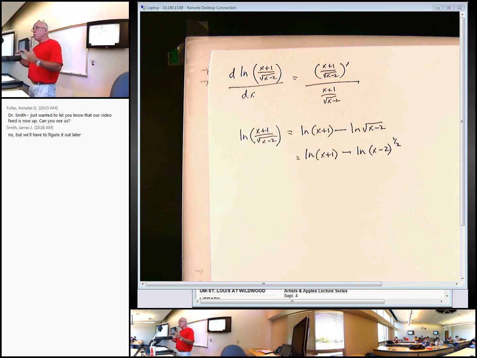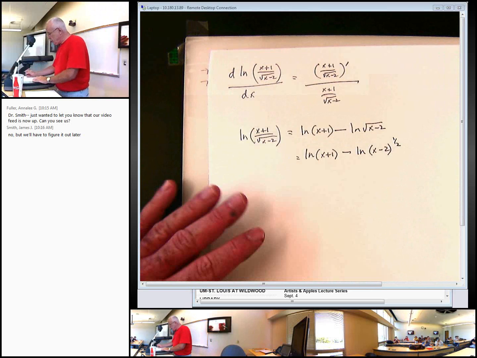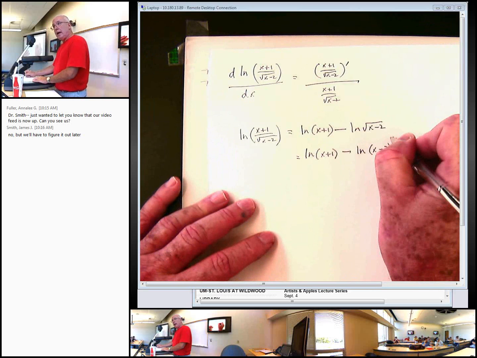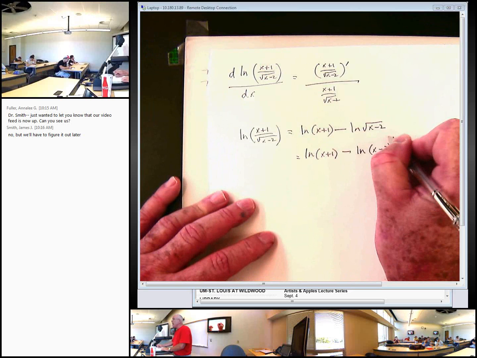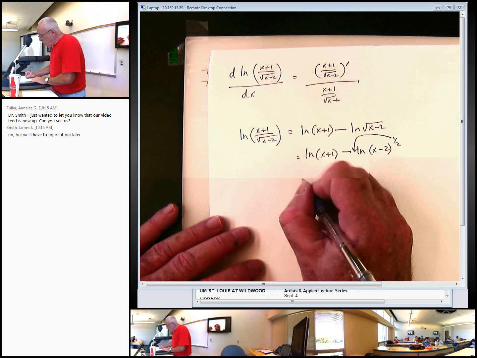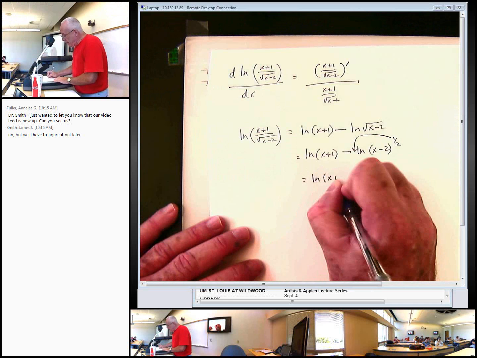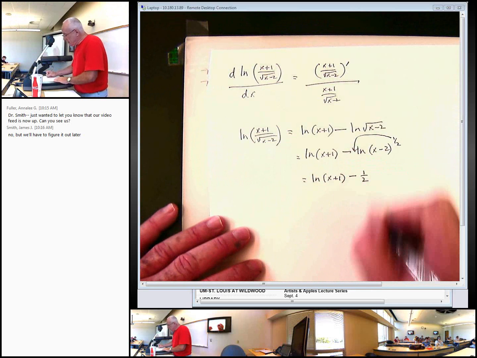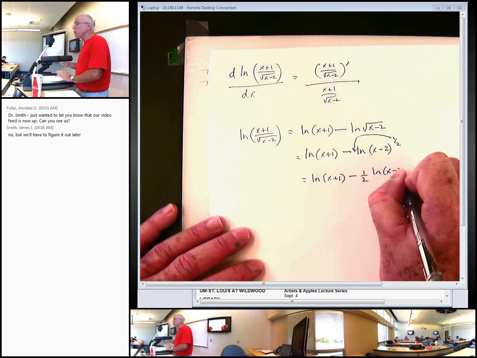I can do one more simplification here, expansion. I've got a power here of 1/2. I can bring this down in front as my final simplification. So we have then ln of x plus 1 minus 1/2 times the ln of x minus 2.